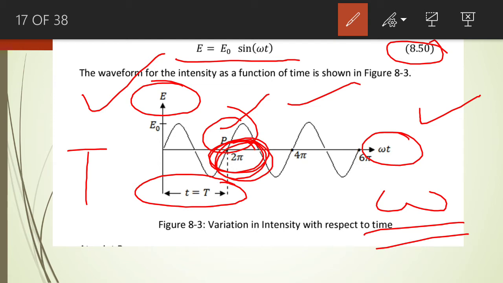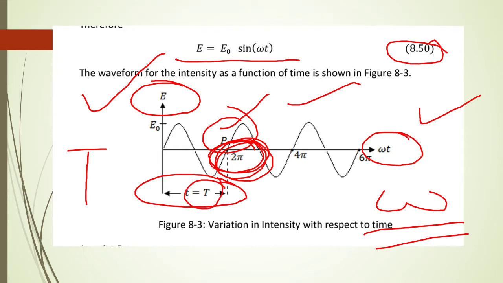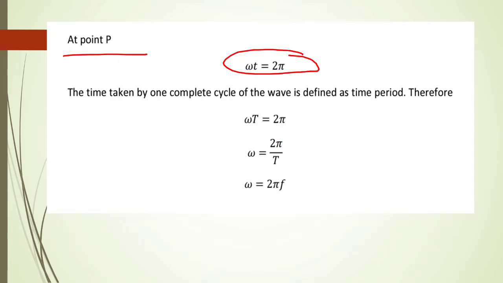Okay. And the value of small t is equal to capital T. So anyhow, what we do, we consider this point P, and the value of omega t at this particular point is 2 pi.